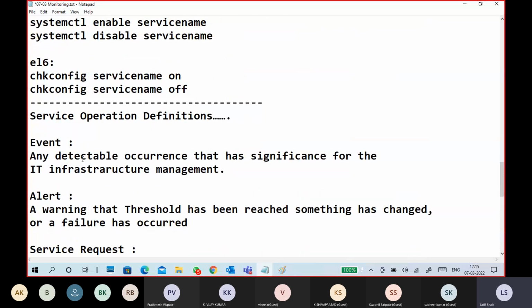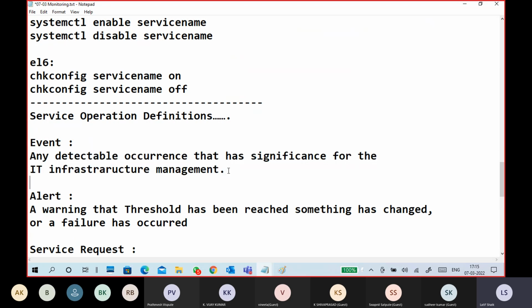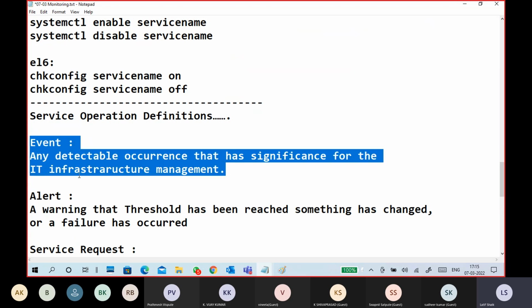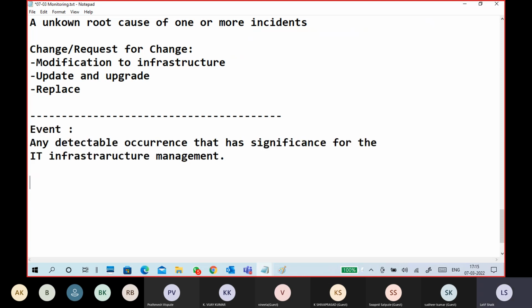So then also, see what is an event? Any detectable occurrence that has significance for infrastructure management. What are the events? I said an event is information, warning, and error or exception.